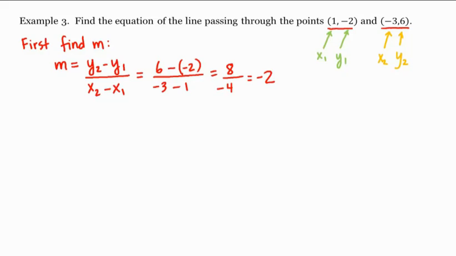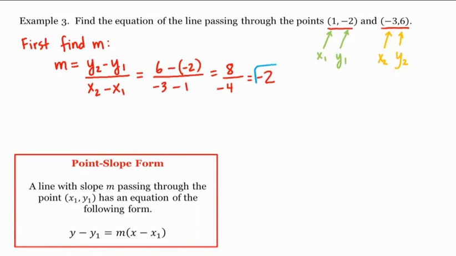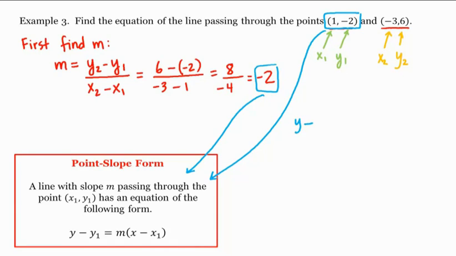Now let's use the point-slope form. That is, let's plug in m and (x1, y1) into our form down here, which gives us y minus y1 is equal to -2 times (x minus 1), or y plus 2 is equal to -2x plus 2.